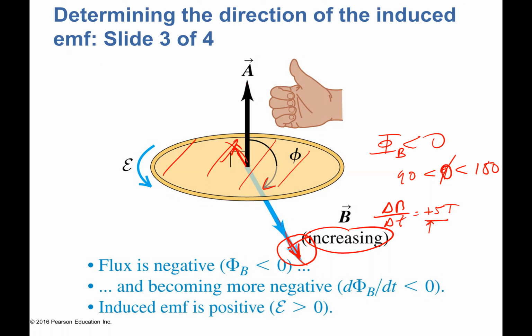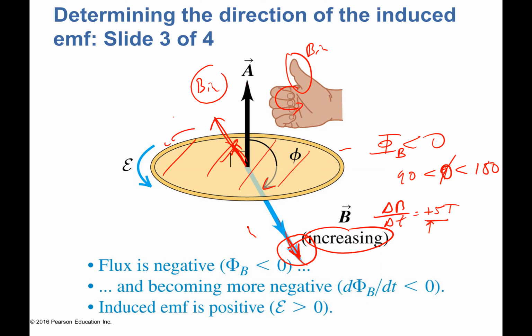That means right now the induced magnetic field, B induced, has to be upward because the change in magnetic field is downward. Well, what gives you an upward induced magnetic field? This is the direction of B induced, so your fingers have to be curling in a counterclockwise direction.